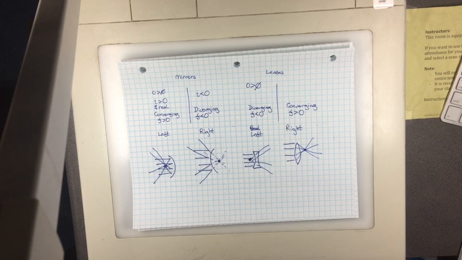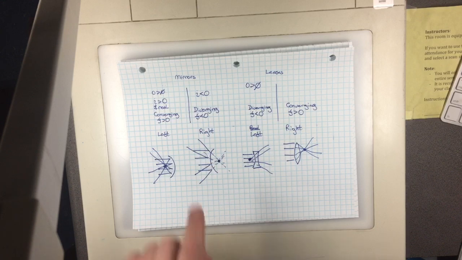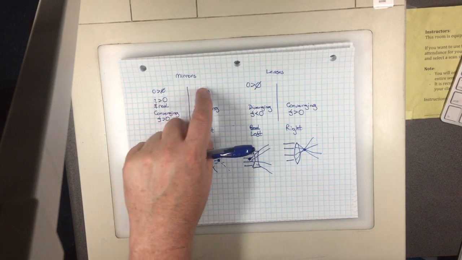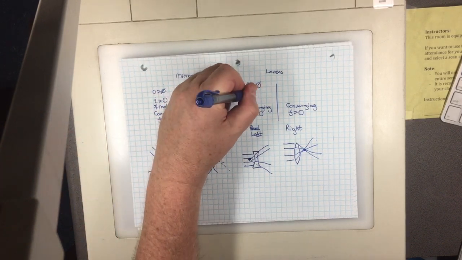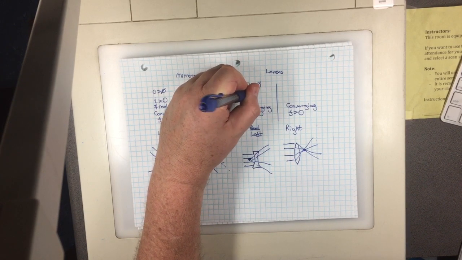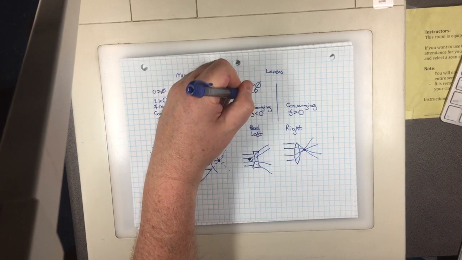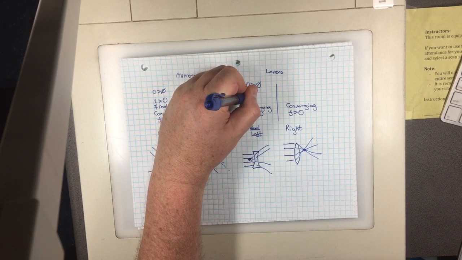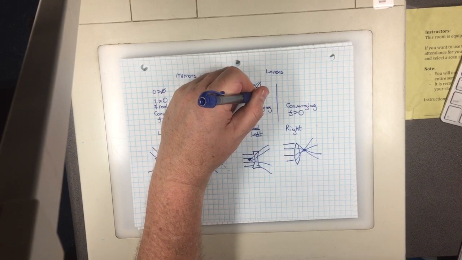Now, in both of the cases, diverging is always negative, converging is always positive, but the image distances, if the image distance is less than 0, it is to the left. It is left and virtual.